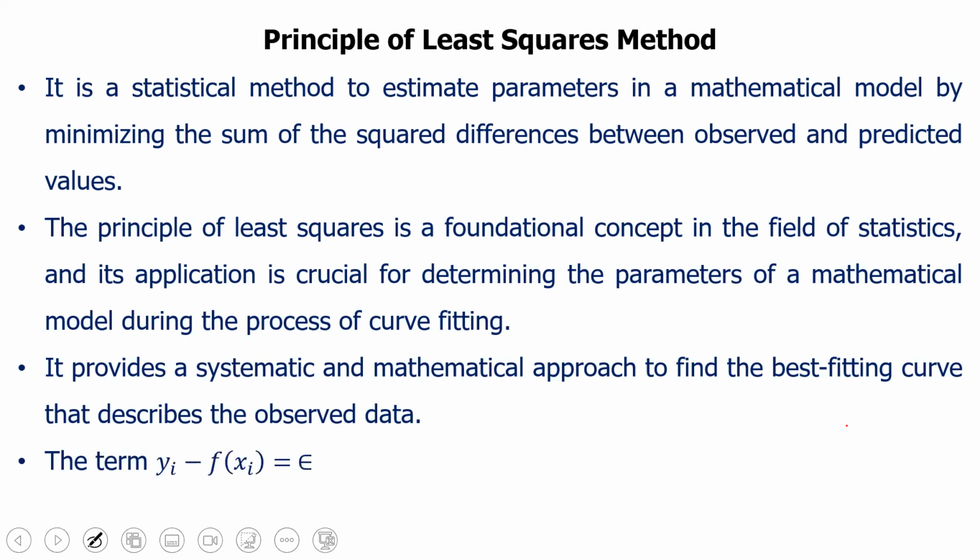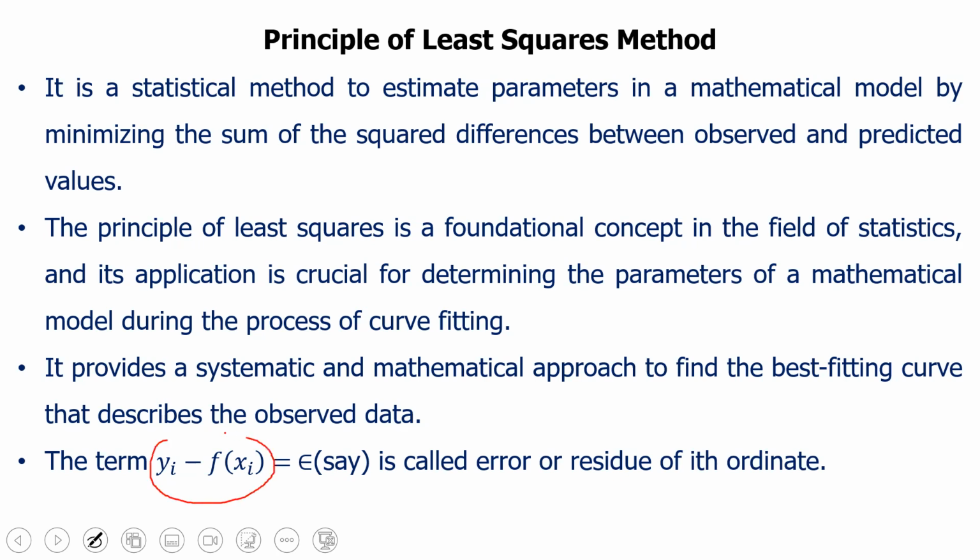The term yi minus f of xi, which is equal to epsilon, is called the error or residue of the ith ordinate. That means y1 minus f of x1, y2 minus f of x2, y3 minus f of x3. This should be very small. What we want is to find that these values are minimum.